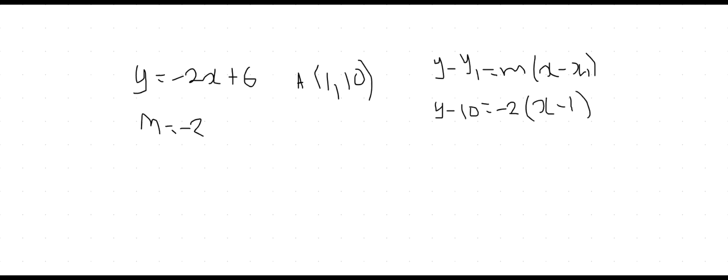So negative 2 multiplied by x is just negative 2x. Negative 2 multiplied by negative 1 is positive 2. So we have y minus 10 is equal to negative 2x plus 2. And since we want it to be in standard form also, we move the 10 to the right hand side. So it crosses the equal sign and becomes positive on the other side.